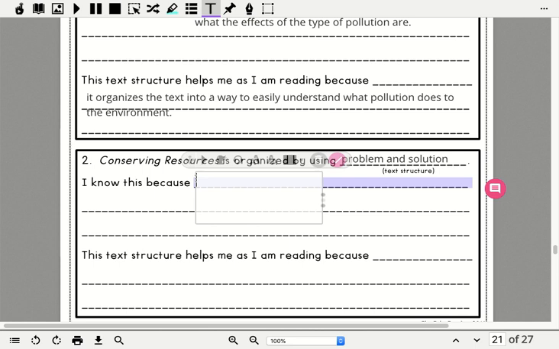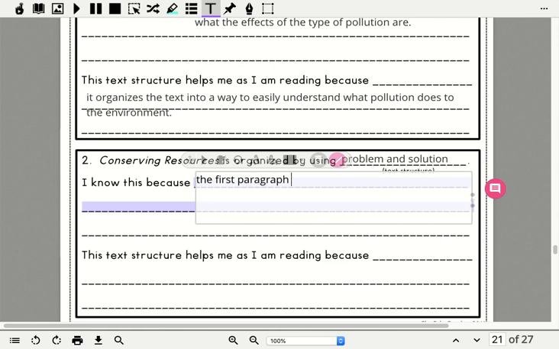I know this because how do I know this? Well, the first paragraph tells us the problem, or it says I at the beginning, so it tells me the problem is natural resources cannot be replaced.